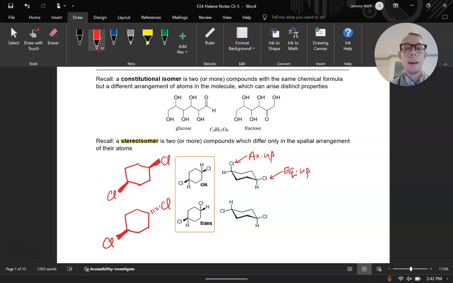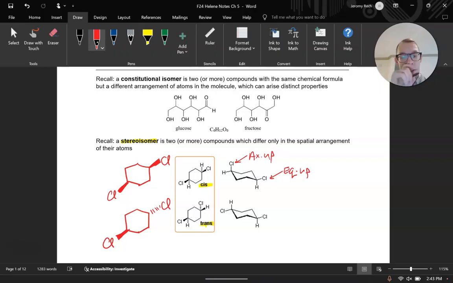Another name that we came up with, when we were thinking about two different locations, in this case where our chlorines are: if they have the same directions, both of them being wedges, we're going to call those cis, which means the same. Whereas if they're different, or if you have a wedge and a dash, we'll call that trans.